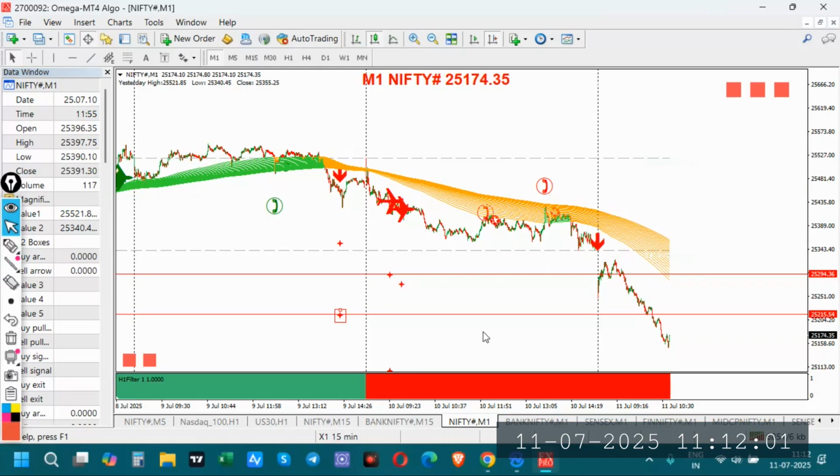और देखेंगे अभी, थोड़ी देर देखेंगे, एक पुल बैक आए तो आपके सामने एक पुल बैक का सिंबल आने का चांस है. So let us see.